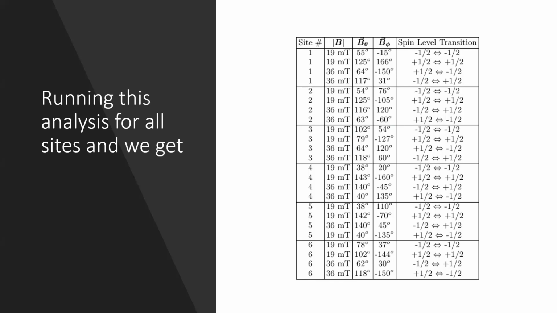We need to try and decide which of these shows the potential for greatest improvement of the coherence times. And we also need to come up with an idea for how we might actually address them, because addressing a single site in this material and even a single spin transition in this material is quite difficult. So it's promising, but it's maybe not the final answer for improving the coherence.